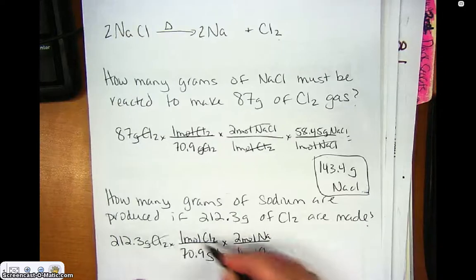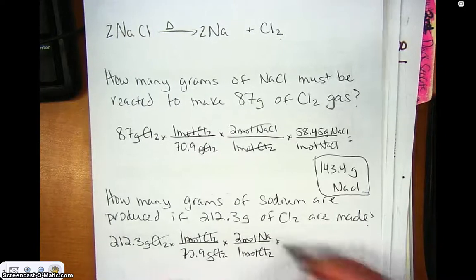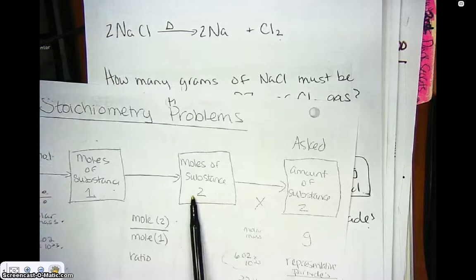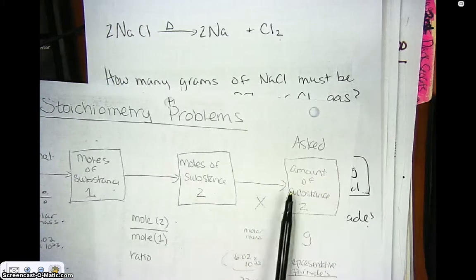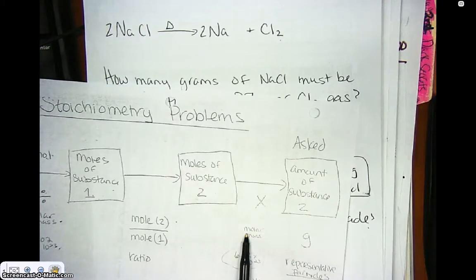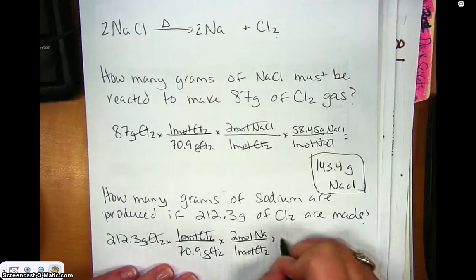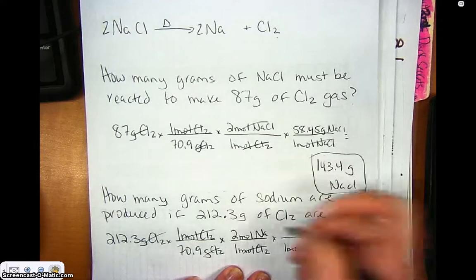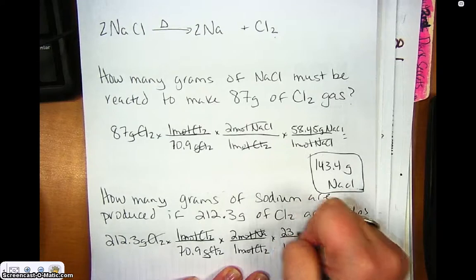So I get my grams canceled, my moles canceled, and then the very last step is to go from moles of substance 2, or what I'm asked for, to grams, so I'm going to multiply by the molar mass from the periodic table. I know that 1 mole of Na, which will make the moles cancel, is 23 grams of sodium.